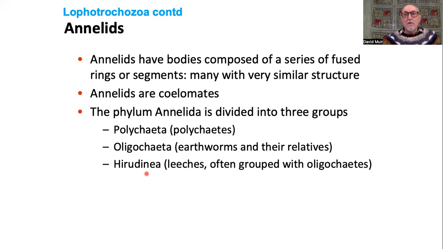And then this other group called the Hirudinea, and these are the leeches. Some systematists would put them together with the oligochaetes, others separate them out. And the leeches are most famous for being parasitic, but not all of them are parasitic.